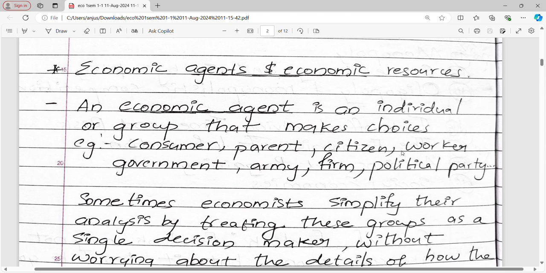Economic agents are of two types. They can be individuals or groups. We discussed what individuals do.